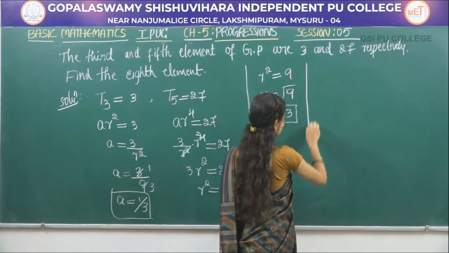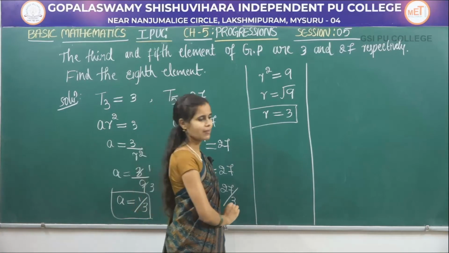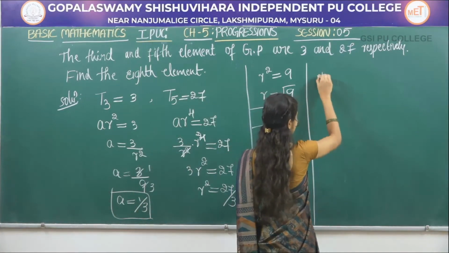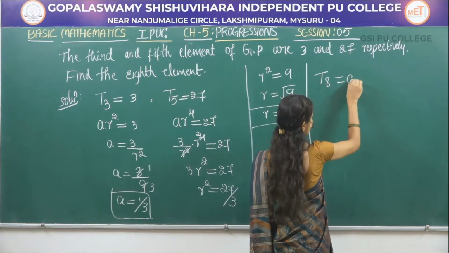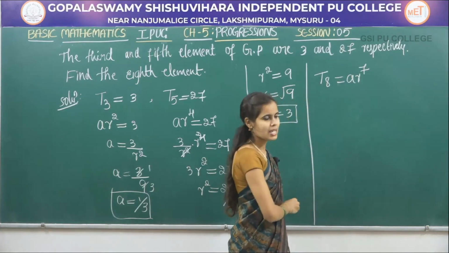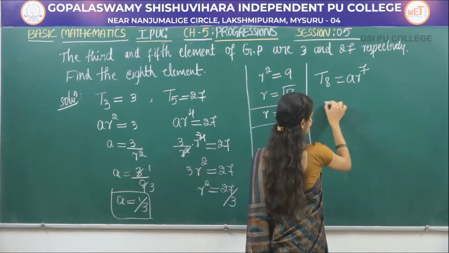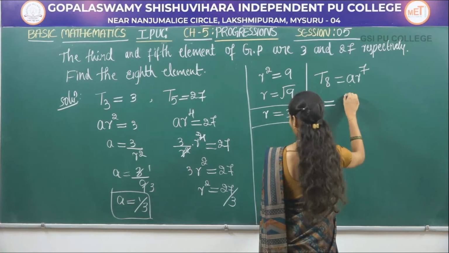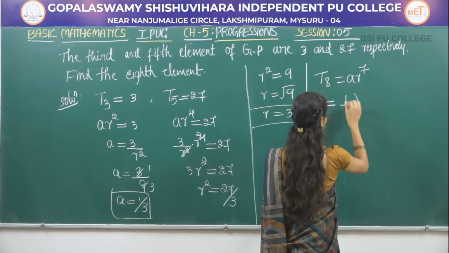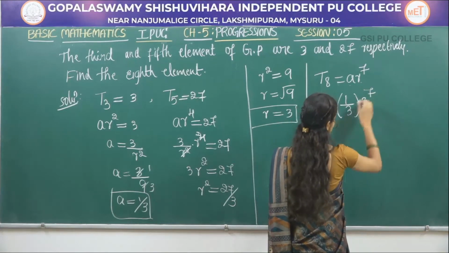Now find the required term, the 8th term of the given sequence. So T8 is defined as AR to the power of n minus 1. N means 8, 8 minus 1 is 7. So the 8th term is AR to the power of 7. Substitute here: A means 1 by 3, into R, R means 3, so 3 to the power of 7.